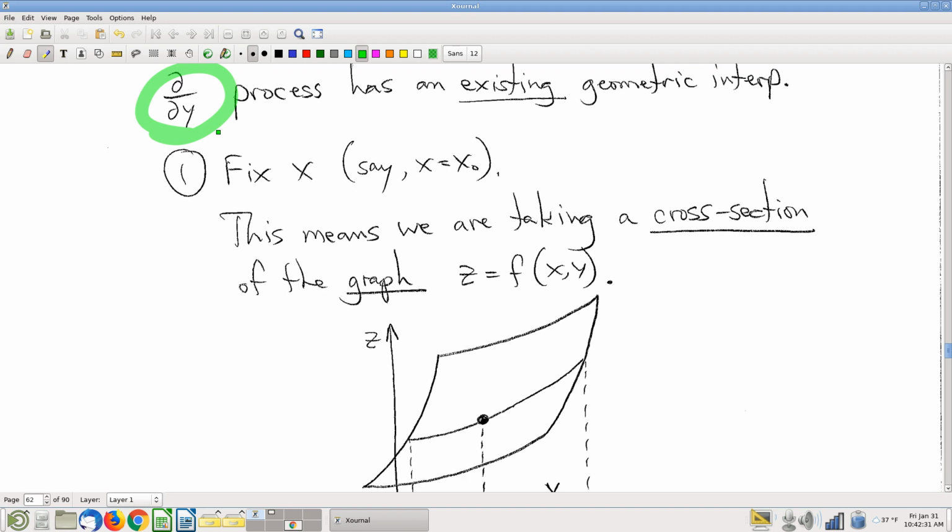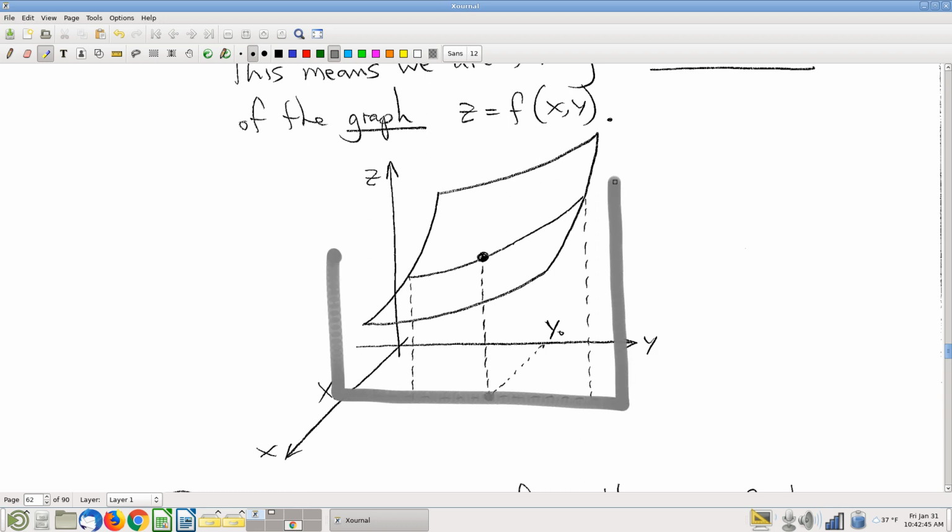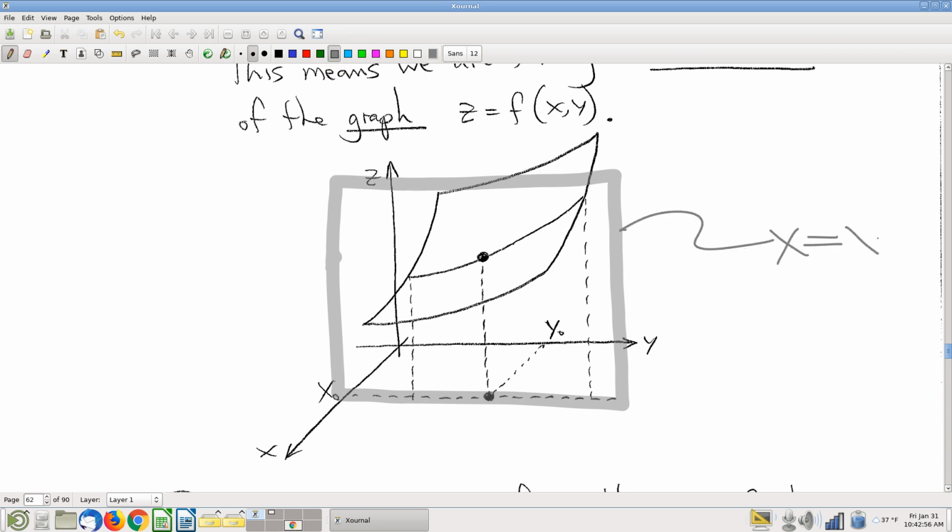Partial with respect to y. So, when you take a partial with respect to y, that means x is going to be a constant. So we're fixing x. What's the geometric interpretation of fixing x? Well, fixing x means you're setting x equal to a constant value, which effectively means that you're focusing your attention on this plane, whose equation is x equals a constant. So that first step, we have a geometric interpretation of it.